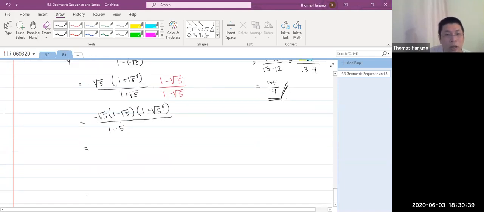So I get negative 4 at the bottom, cancel with the negative on the top, I get 1/4 radical 5, 1 minus radical 5. This is 1 plus 5 to the 4th, 625 radical 5. Now just keep on multiplying that then.